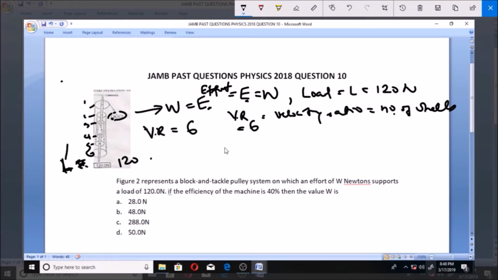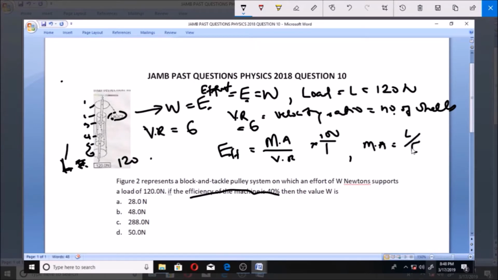Having all this, we can now put in the formula for efficiency, because efficiency is given here as 40%. Efficiency, as we know in this calculation, is MA over VR times 100 over 1. And we know that MA, mechanical advantage, is equal to load over effort.